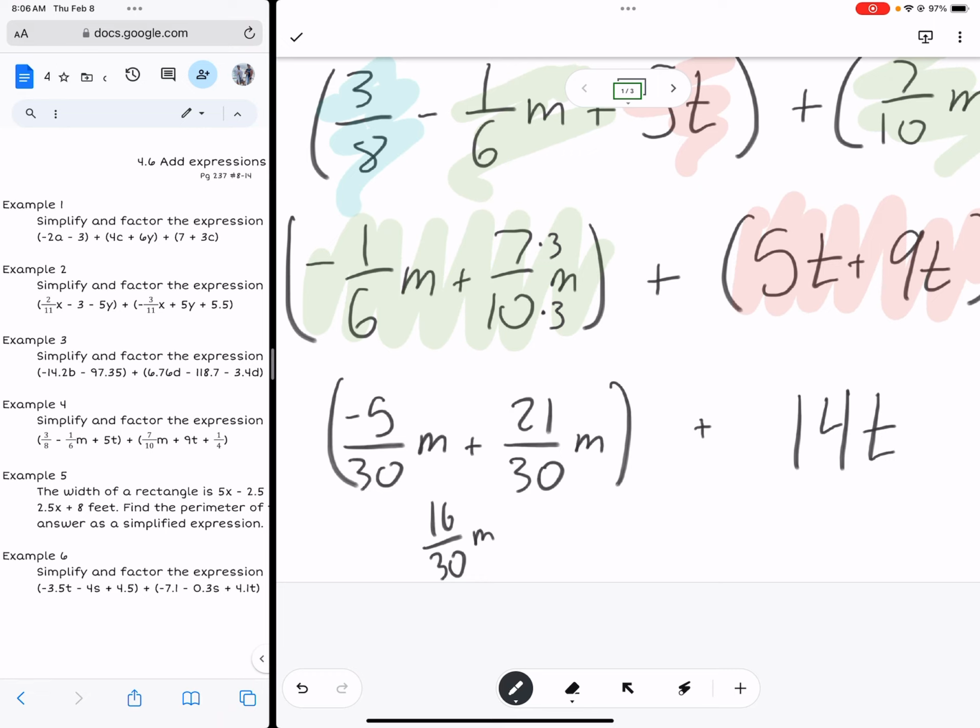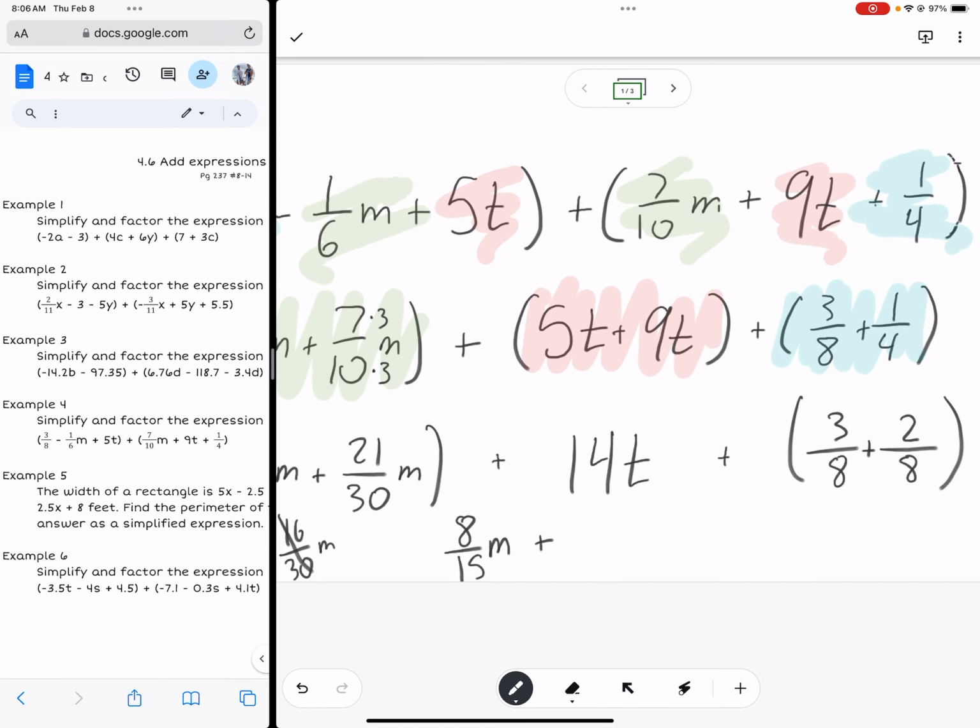So we can reduce 16 over 30 to 8 over 15, and the variable is m.